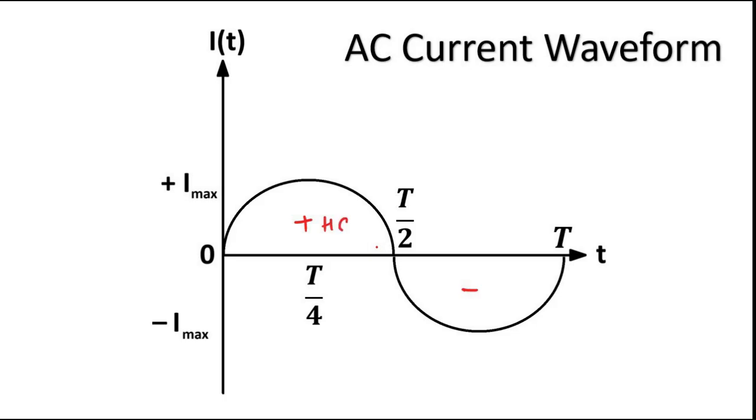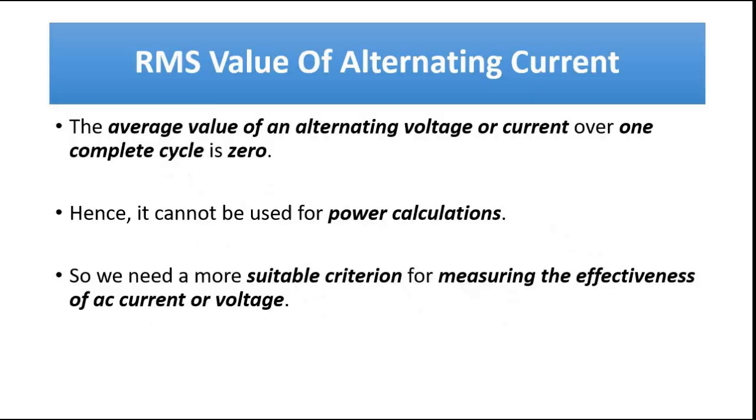So the positive and negative half cycle values cancel each other. That's why for average or mean value calculation we only take one half cycle, half the time period. So the mean or average values cannot be used for power calculations.